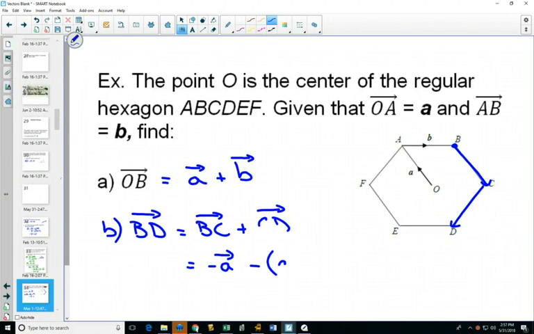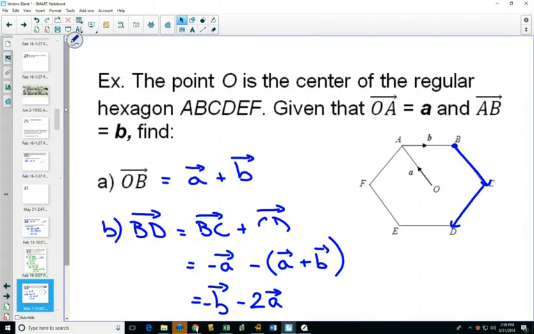And OB we figured out to be A plus B. And so we could get it by negative B, distribute that, minus 2A's.